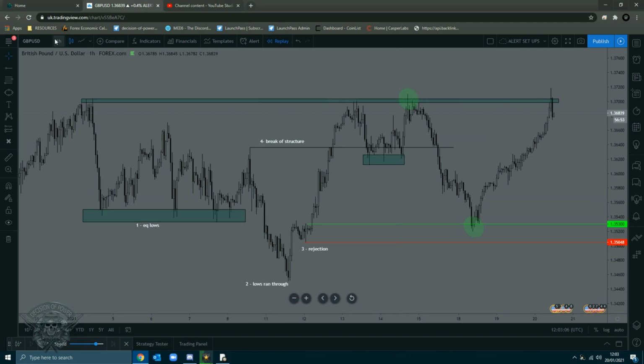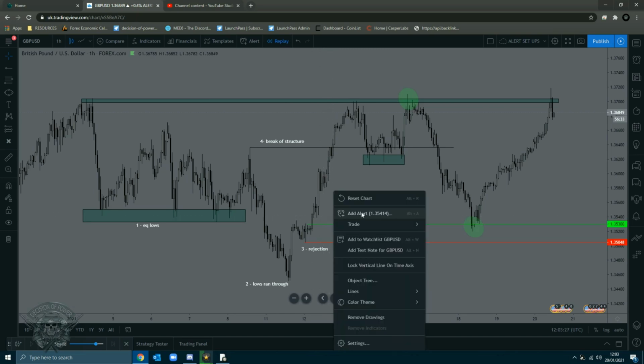This being an hourly chart, you can see that it did take quite a long time to come back down to that point. If you've got your area of entry, you can always set a price alert, like MetaTrader 4 price alerts, or you can also use TradingView. If you're looking for a price alert, you get a price point and set it a little bit beyond where your entry is going to be.